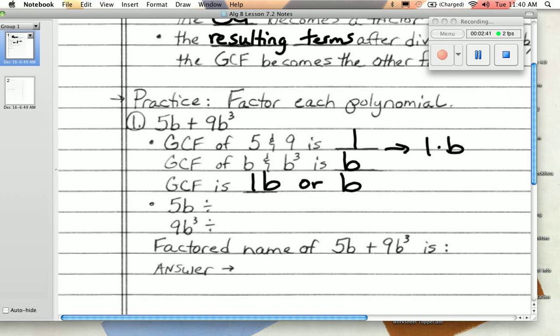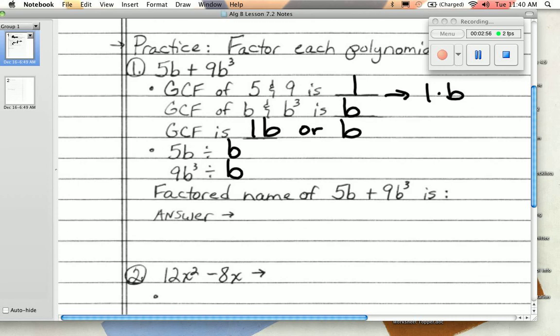Okay, so next thing we do then is we take our 2 terms of our original polynomial, and we divide them by that GCF. So both of those are going to get divided by b, our GCF. So what is 5b divided by b? 5.